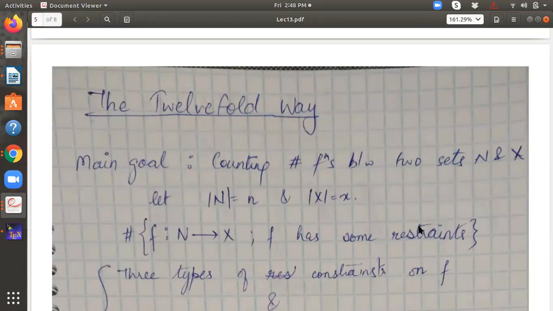For example, if let's say phase 1 has a dance competition and a singing competition, then these two are distinguishable, right?